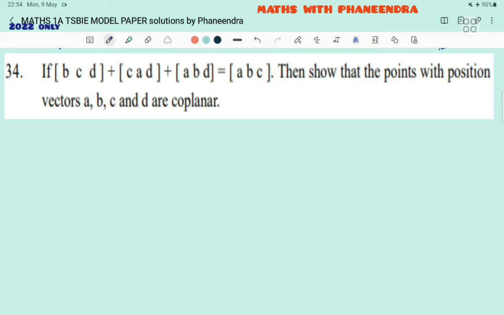So let O be the origin. Why? Because the position vector we can relate with the origin. Let capital A, capital B, capital C, capital D be the given points.